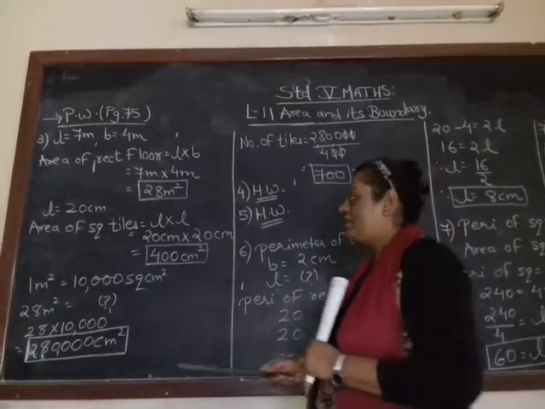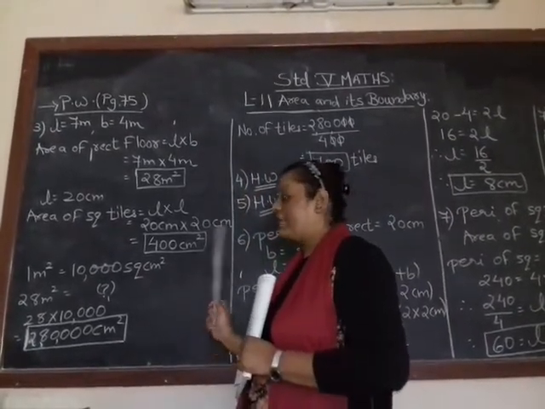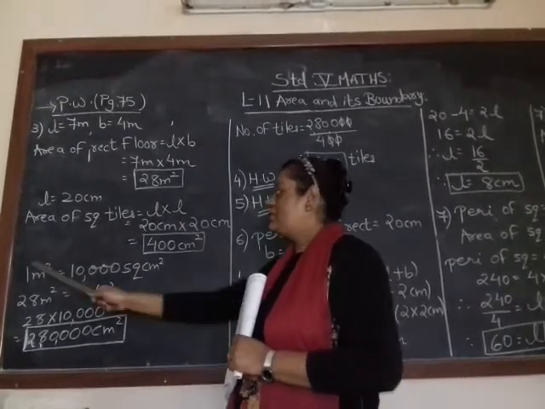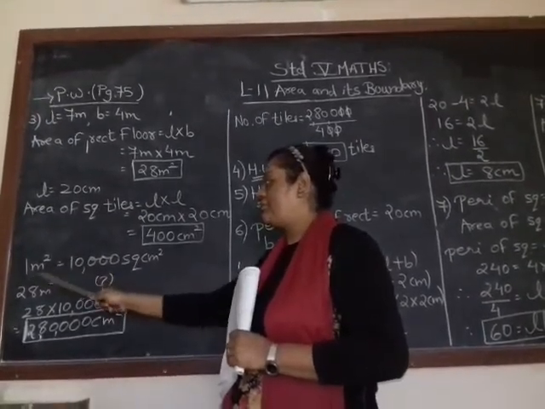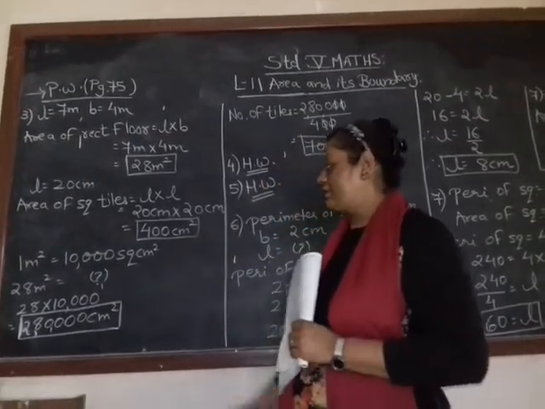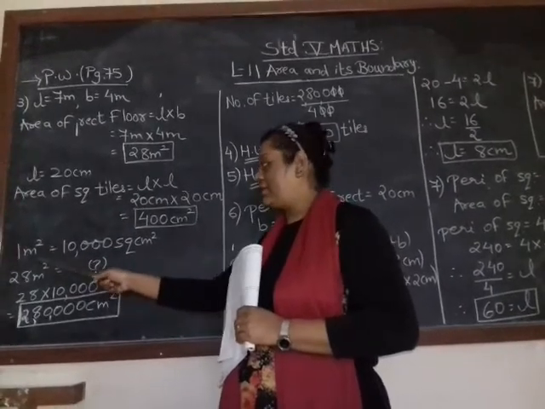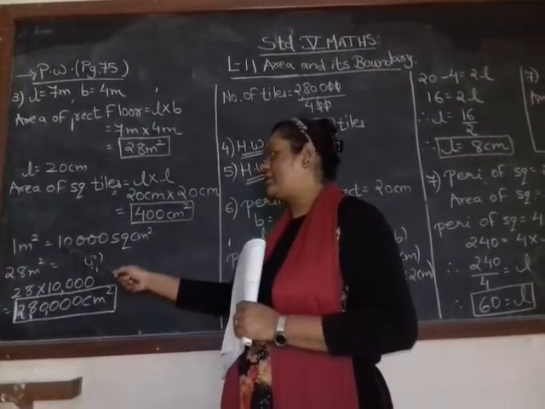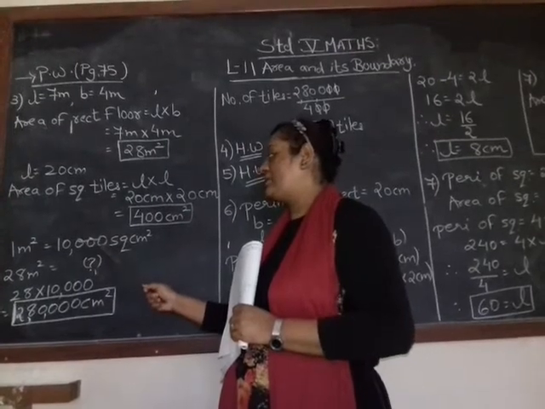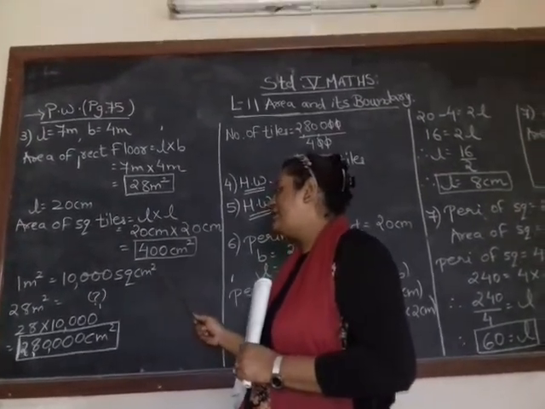Now children, you need to learn this by heart, that 1 meter makes 100 centimeter. So 1 square meter or 1 meter raised to 2 will make how many square centimeter? So 1 meter is equal to 100 centimeter. So 1 meter into 1 meter, that is 100 centimeter into 100 centimeter, the answer is 10,000 square centimeter.